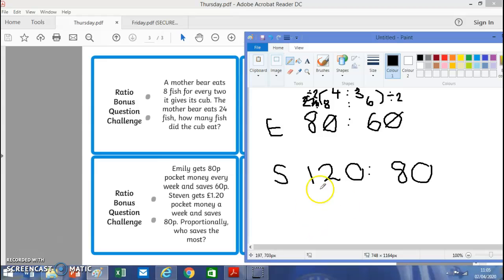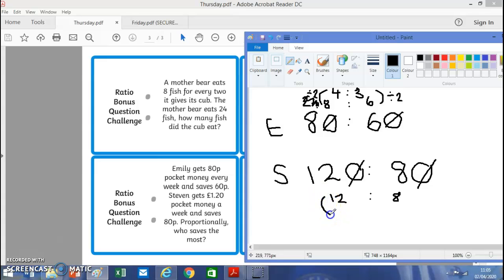So let's do the same for Stephen. Again, I'm going to divide them by 10 to cancel out these zeros so that I am working with smaller numbers. So 120 divided by 10 is 12. 80 divided by 10 would be 8. Now I need to find the highest common factor. So the highest common factor here would be 4.